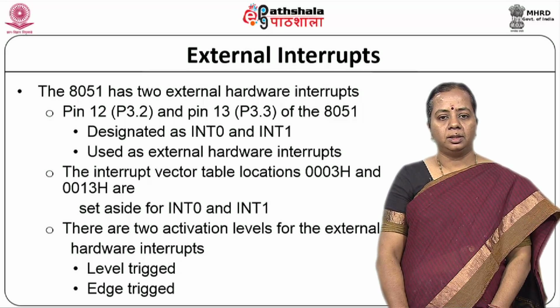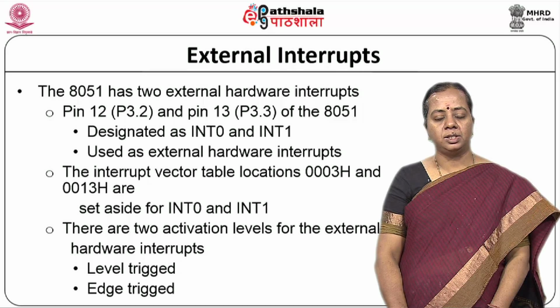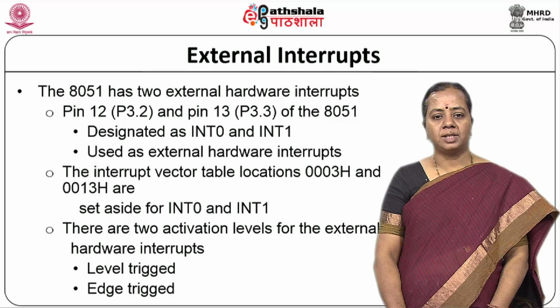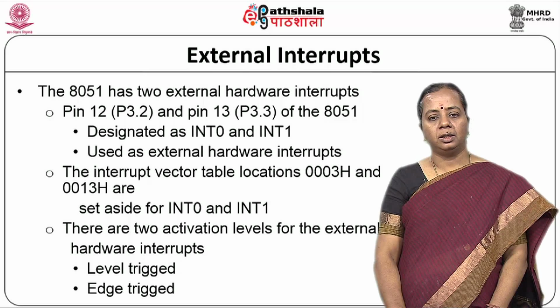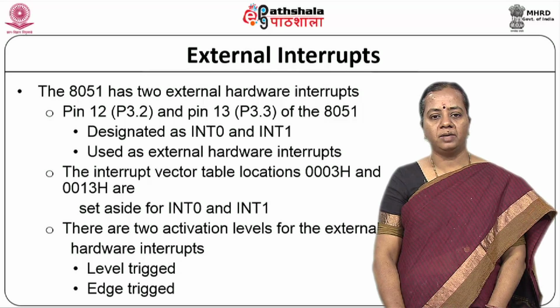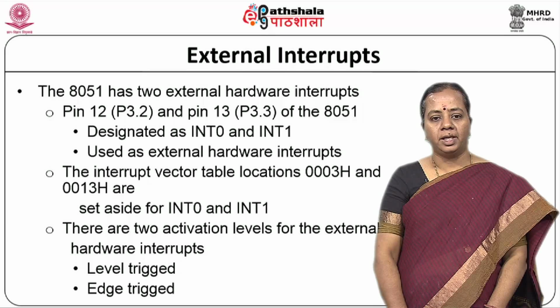So, these interrupts are called INT 0 and INT 1, and the activation signals from outside for these external hardware interrupts are categorized into two. One is level triggered, another one is edge triggered.